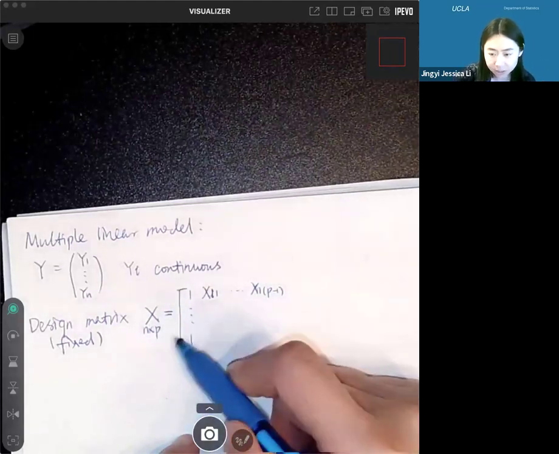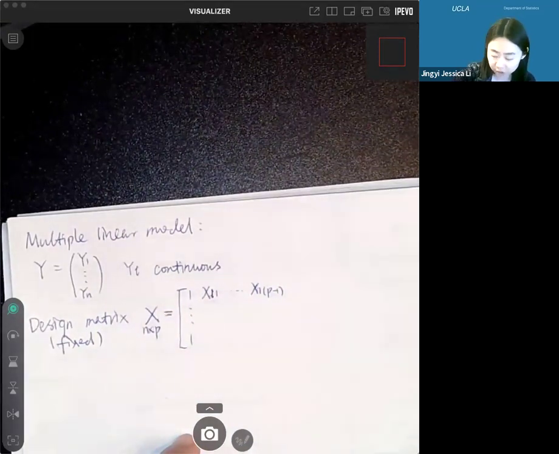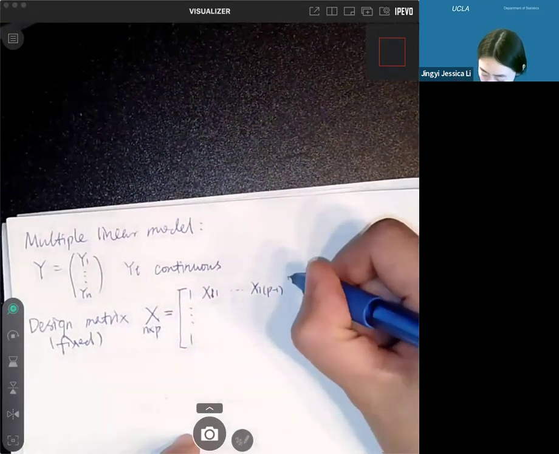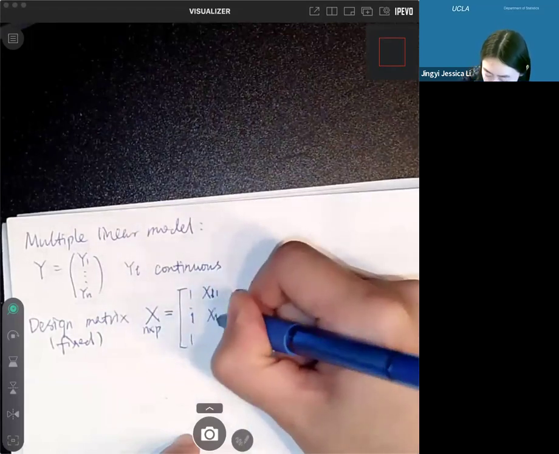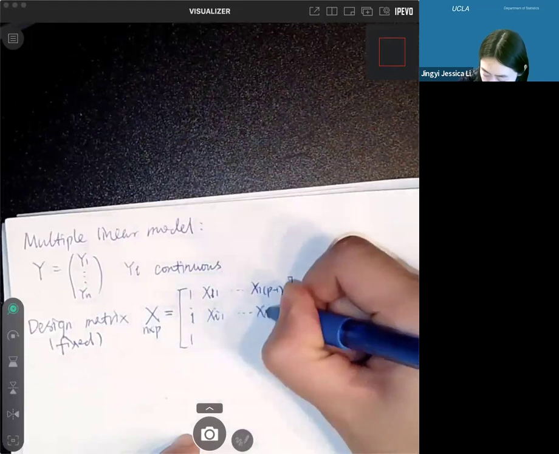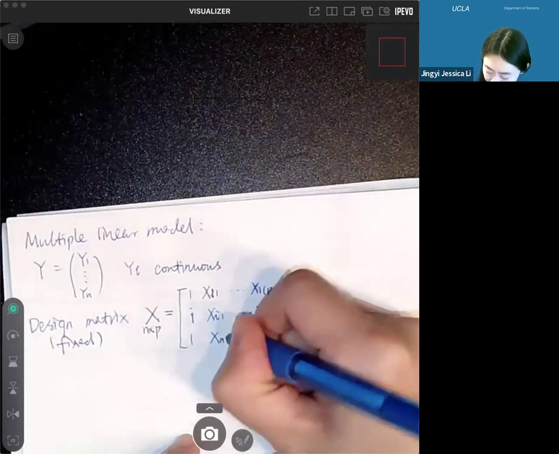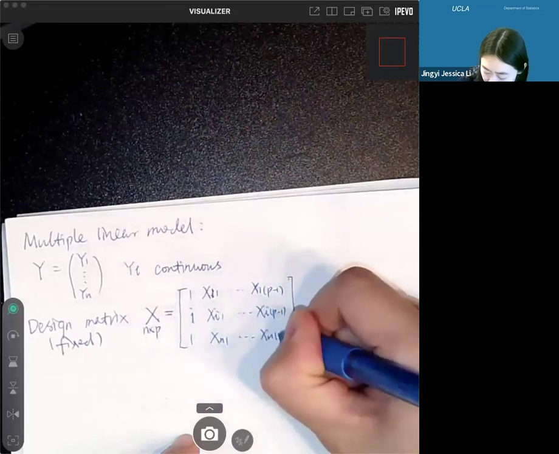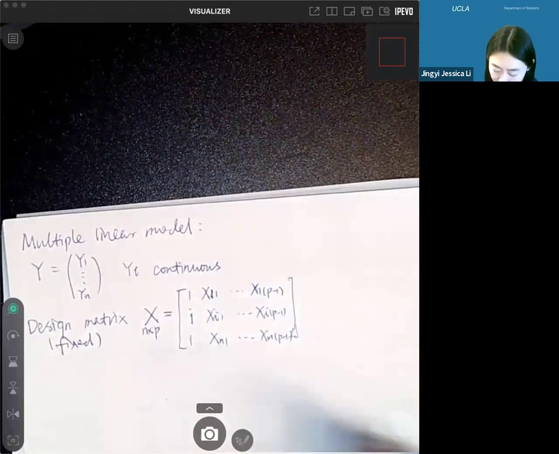We have rows as observations and columns as predictors or covariates or features, whatever you call it. Then for the ith row, it's x_i1 to x_i,P-1. And for the last row, it's x_n1 to x_n,P-1. That's the setting. And we have an error term.